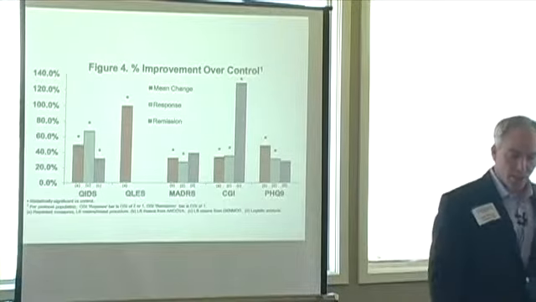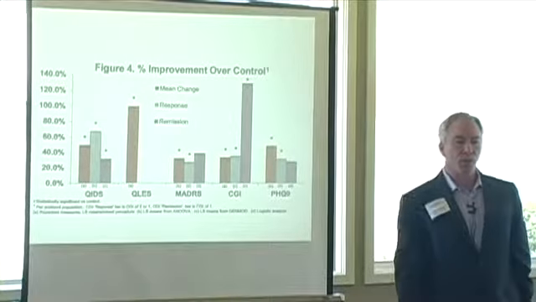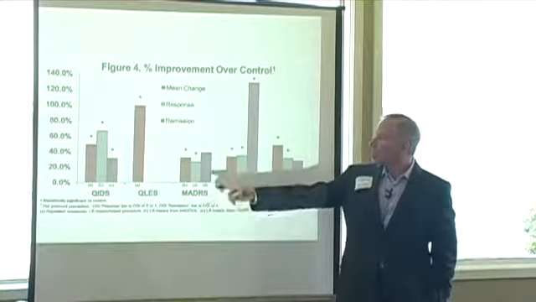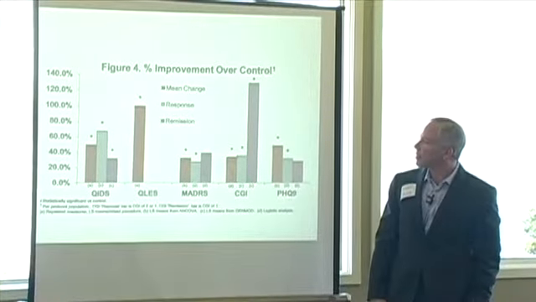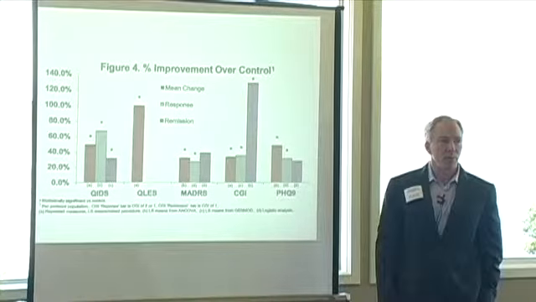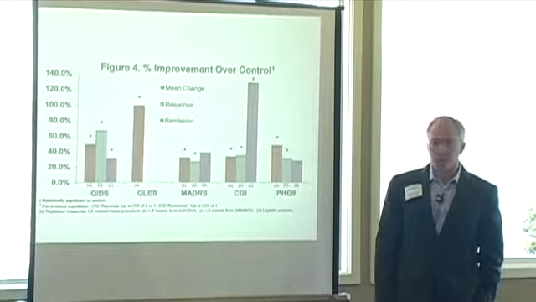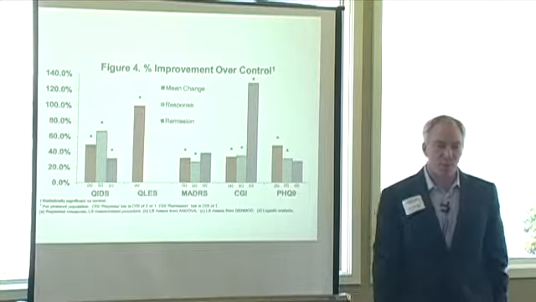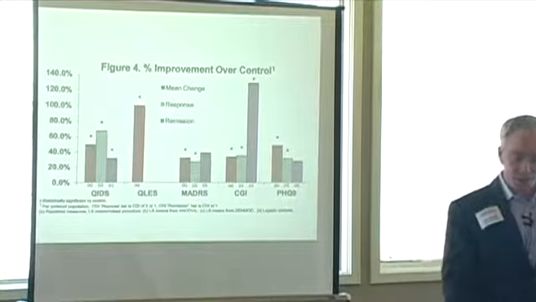We're looking at percent improvement over the control group on a variety of measures. You'll see on the QIDS that we had about a 65 to 70% greater response rate to treatment, as well as about a 30% greater remission rate to EEG-guided treatment, and a number of other measures, primarily statistically significant.